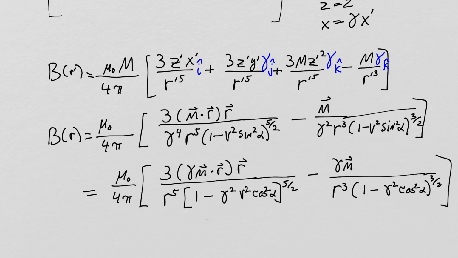This term gets a gamma in the numerator once you write down x prime equals gamma x, right? So here, this term's just y prime goes to y, z prime goes to z. So the conversion everywhere is simple except this one goes to gamma x. So now you have a gamma in each of these terms, and so it just divides out and you get a gamma to the fourth.